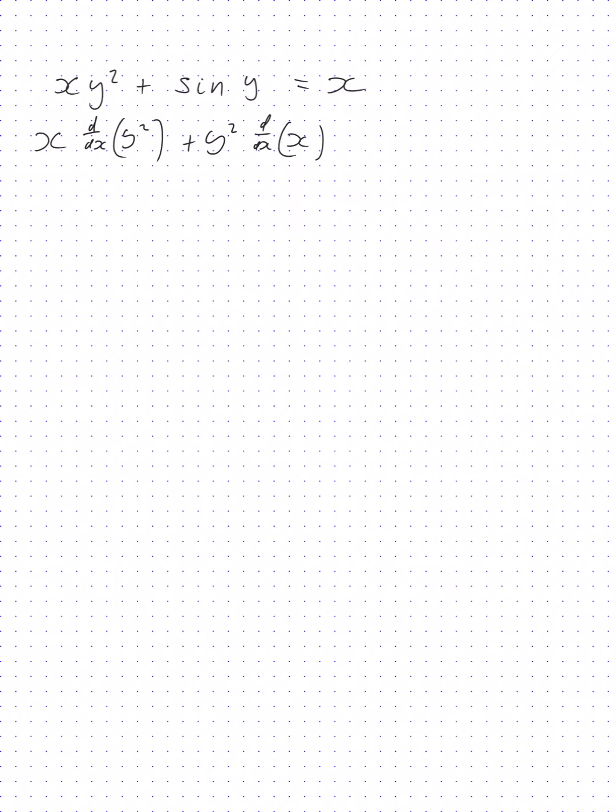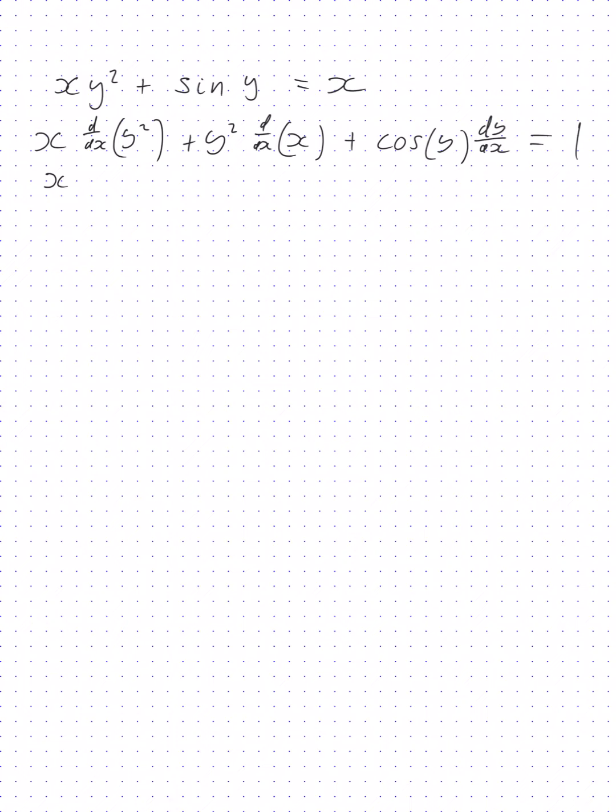There's your product rule. I'll differentiate sine y and I will get cosine y times dy dx. And I differentiate x there on the other side of my equation and I get 1. Now let's actually go in and do these derivatives here. That is this one and this one.